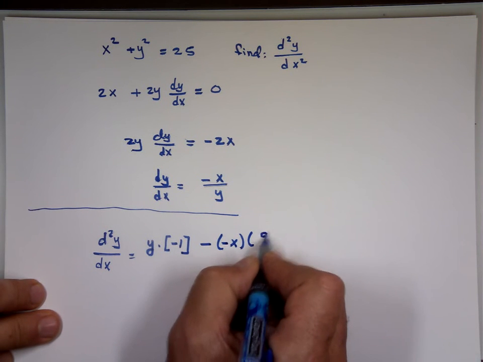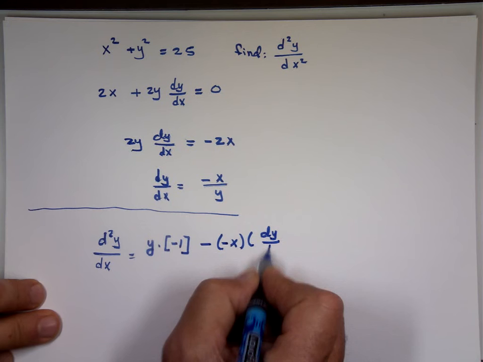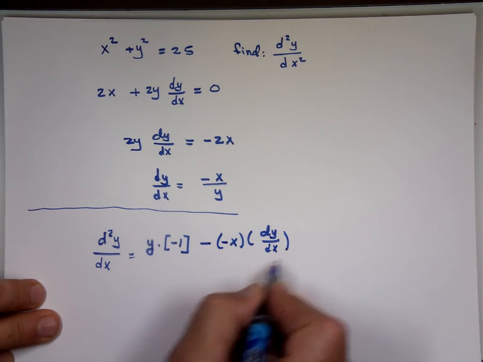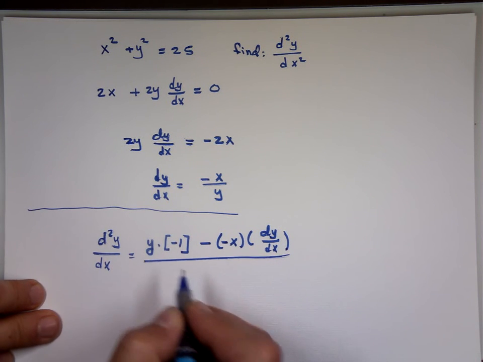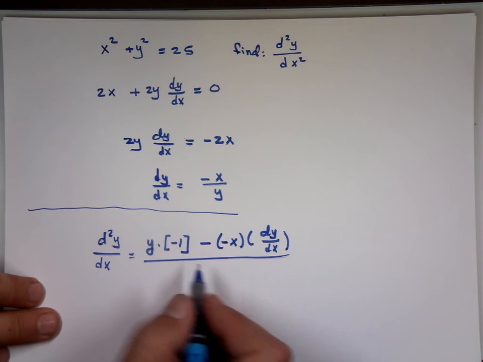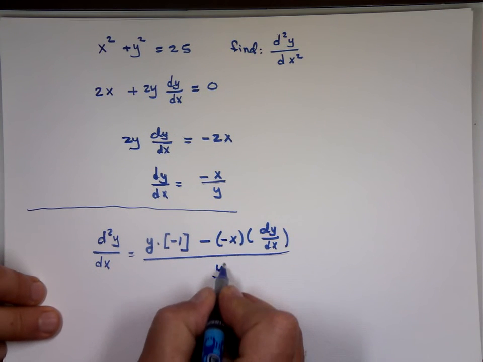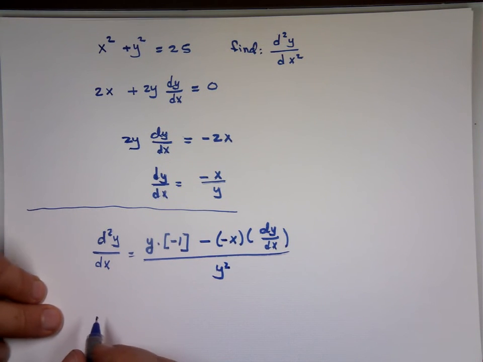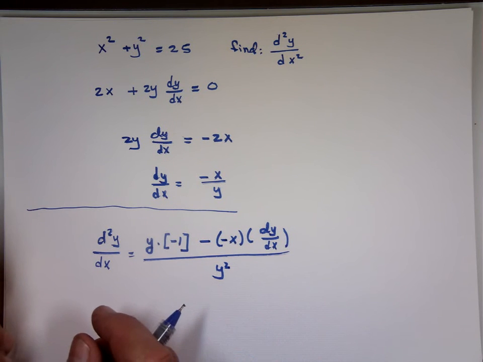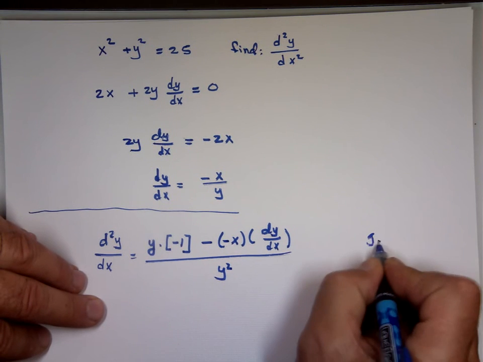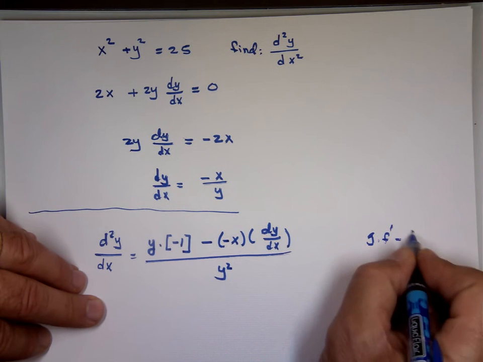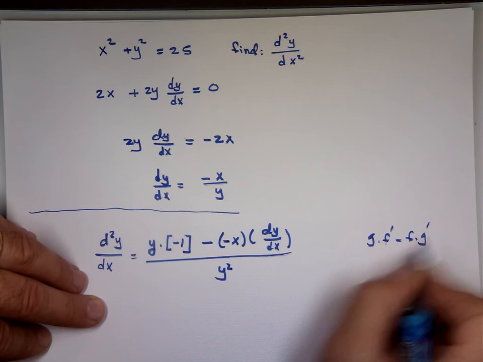You don't have to put the 1. All of that divided by the bottom squared. So the quotient rule: g times f prime minus f times g prime, all of that divided by g squared.